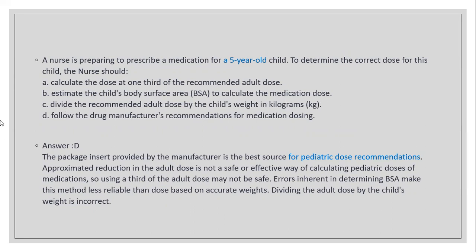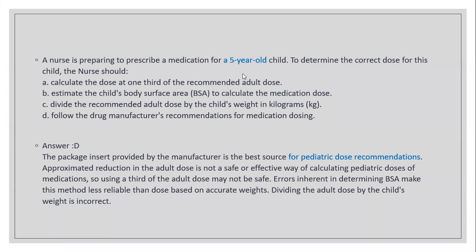C, divide the recommended adult dose by the child's weight in kilograms. D, follow the drug manufacturer's recommendation for medication dosing. The correct answer is D, follow the drug manufacturer's recommendation for medication dosing.